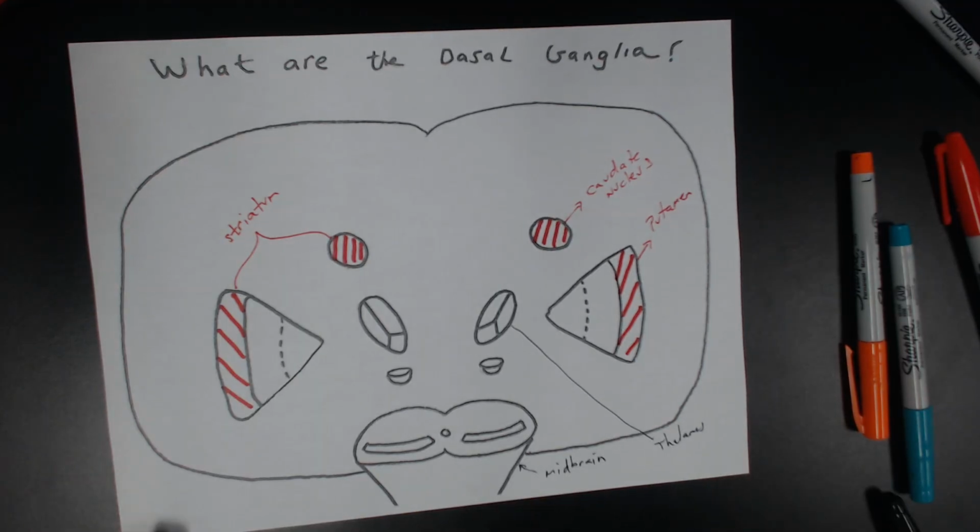So the caudate and the putamen together, because they often function together as a pair, are known as the striatum. Caudate separate, putamen separate, but together they function, and you're going to see how they function together today. They're called the striatum.